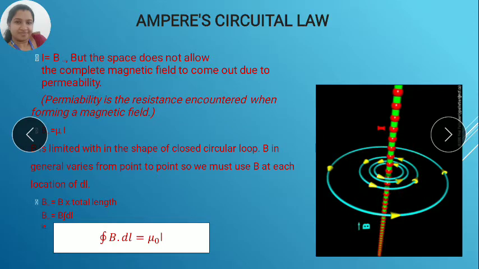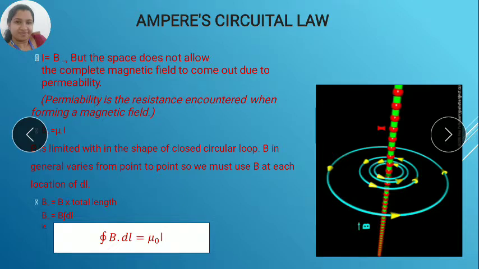That is the assumption. So here we assume that the current flowing through the conductor is I and the magnetic field developed, that is induced, is B total. But we all know about permeability. Every medium has a permeability.